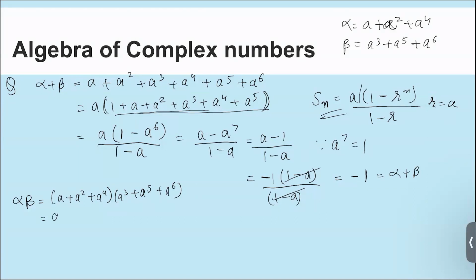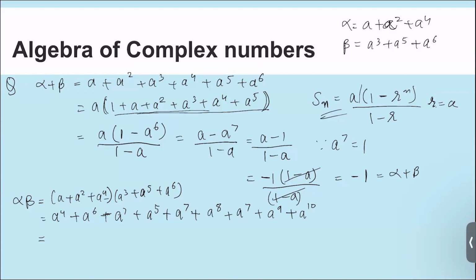So you have a raised to 4 plus a raised to 6 plus a raised to 5 plus a raised to 7, a raised to 8, a raised to 7 plus a raised to 9 plus a raised to 10. If you multiply each and every term of the second bracket with all the terms of the first bracket and open up all the brackets, this is what you will get.